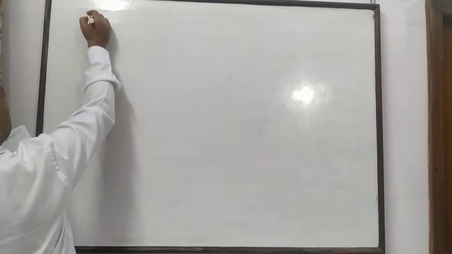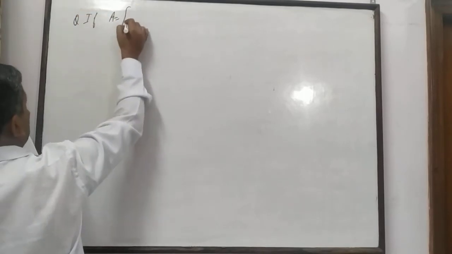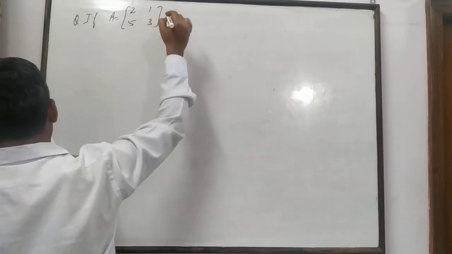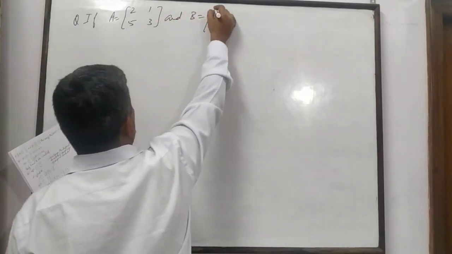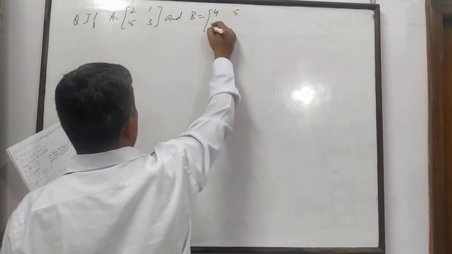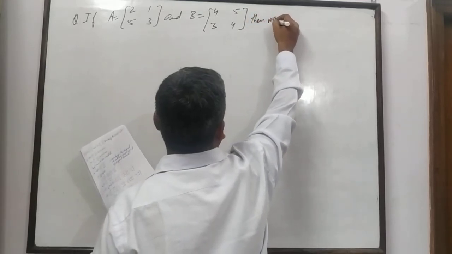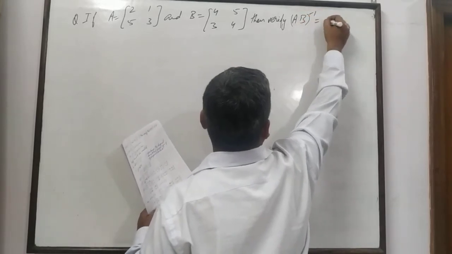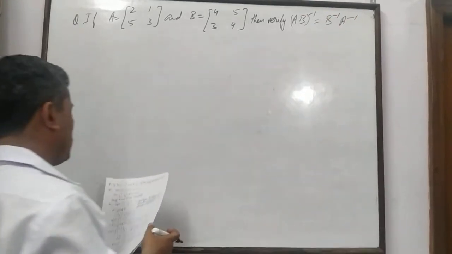So let's take a question that says: if A is equal to matrix [2 1; 5 3] and B is [4 5; 3 4], then verify (AB) the whole inverse is equal to B inverse A inverse. This we are required to verify.